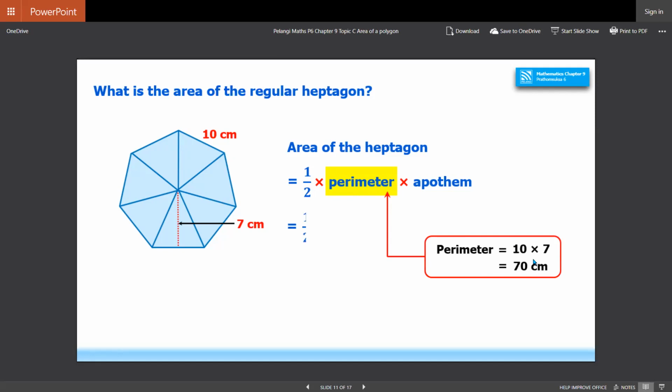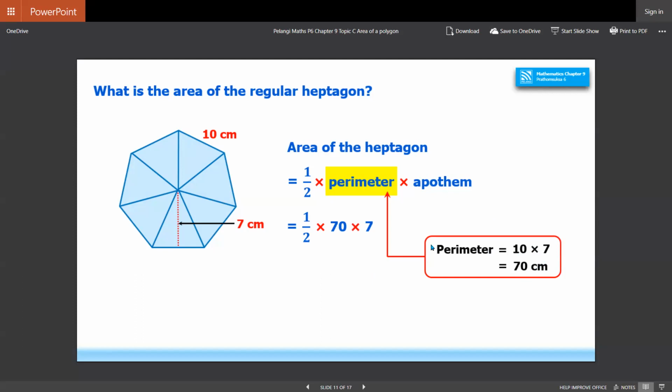Okay, so we have here 1/2 times the perimeter of 70, multiply what? What's the apothem there? 7. The apothem is 7, okay. So please do not mistake this 7 here for this 7 here.